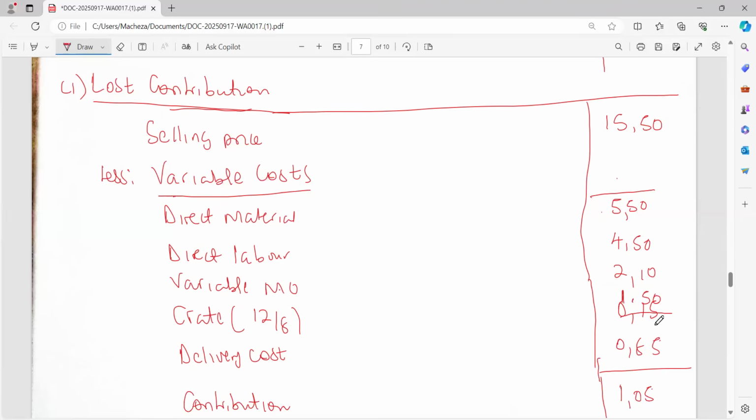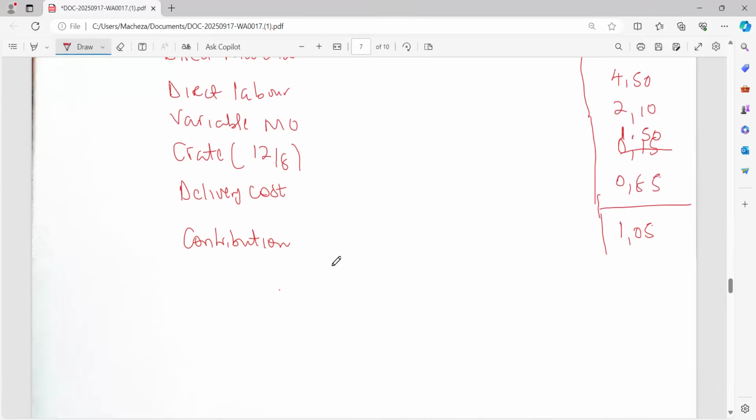But since we have a heading, we need a figure here for total variable cost: 5.50 plus 4.50 plus 2.10 plus 1.50 plus 0.85. It's 14.45. So this is going to give us now our contribution here, right? So this is going to be our contribution.